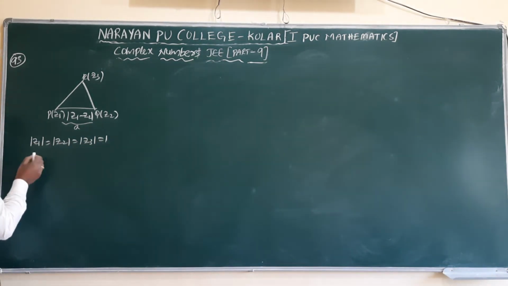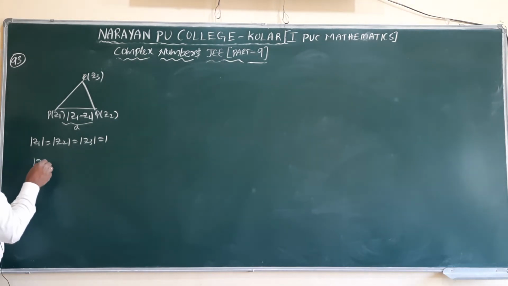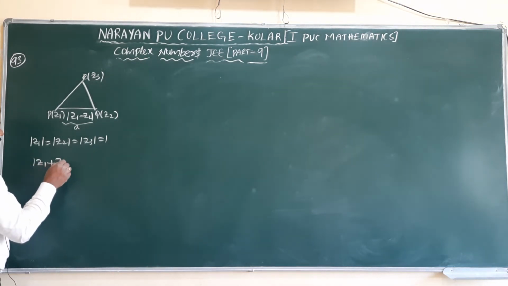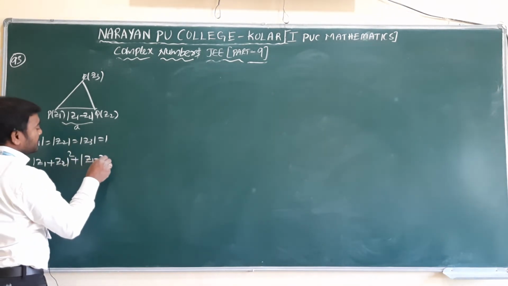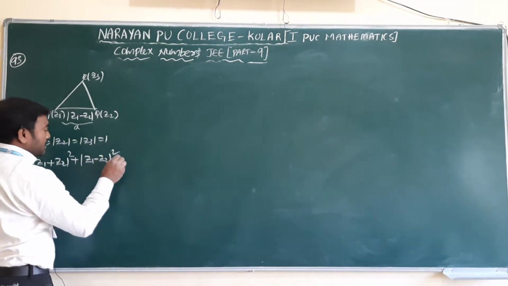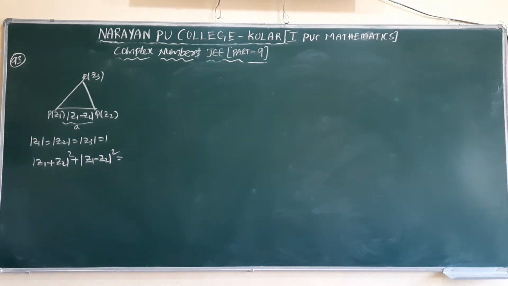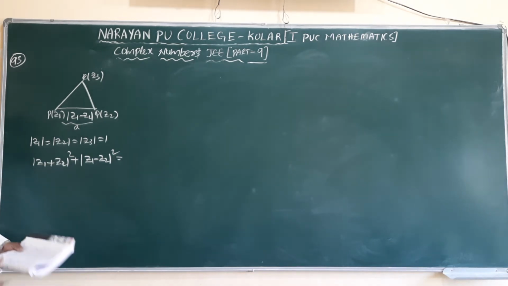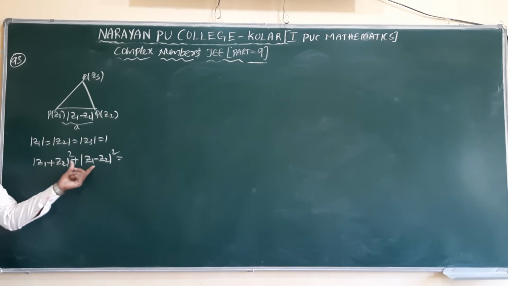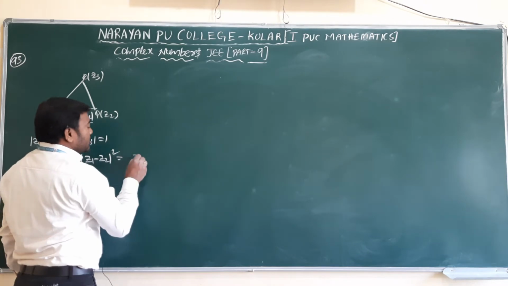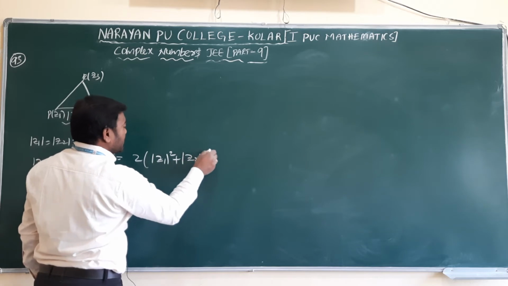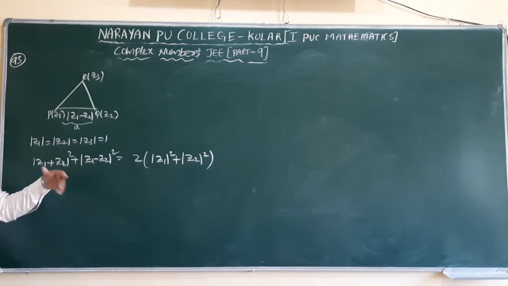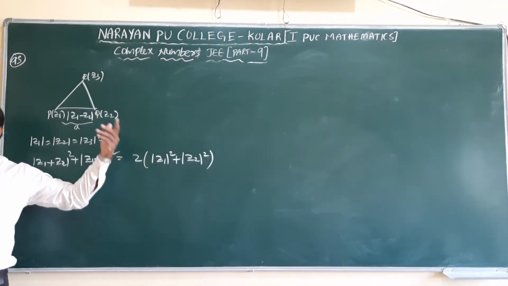Now here, we know that modulus of z1 plus z2 whole square plus modulus of z1 minus z2 whole square is equal to 2 into modulus of z1 square plus modulus of z2 square. It is (a plus b) whole square plus (a minus b) whole square, we are getting 2 into (a square plus b square).